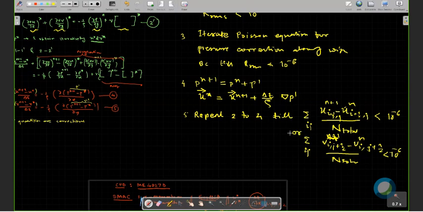Both conditions should be satisfied, or if you wish to be more stringent, it depends on the flow problem.